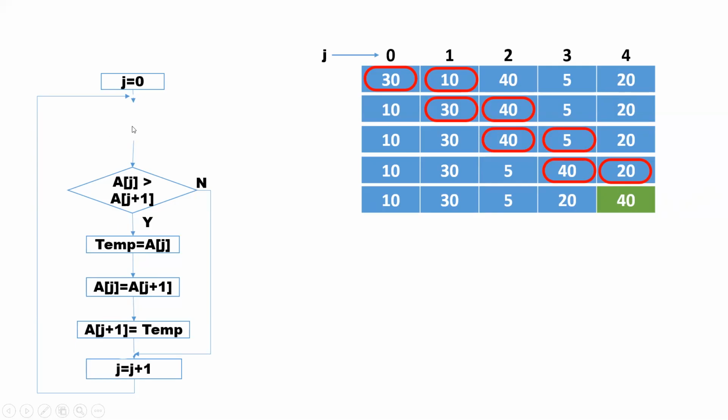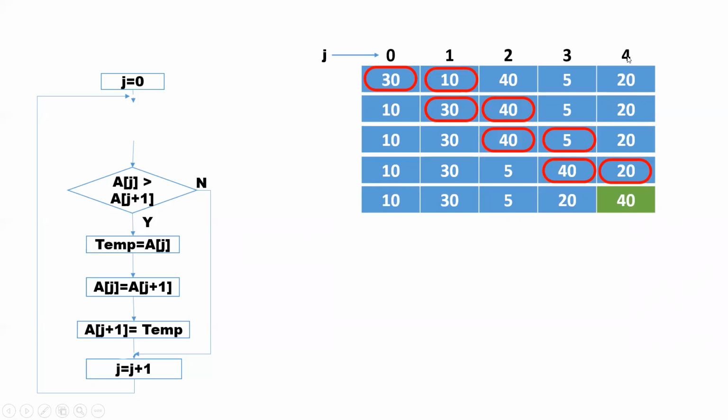So we need a termination condition here. What is the termination condition? In this case, we have got 5 elements and j should go up to 3. Assume that the size of the array is n.